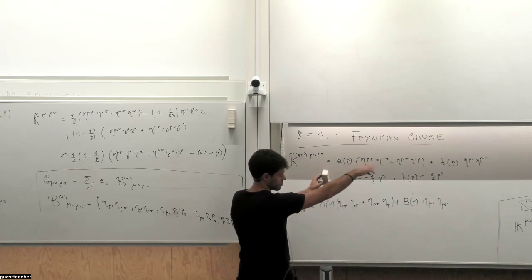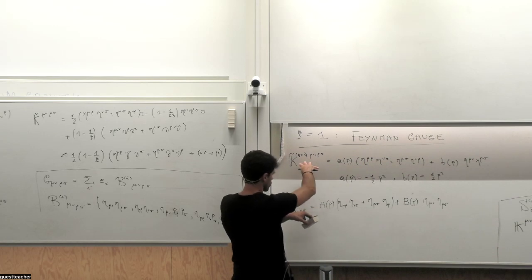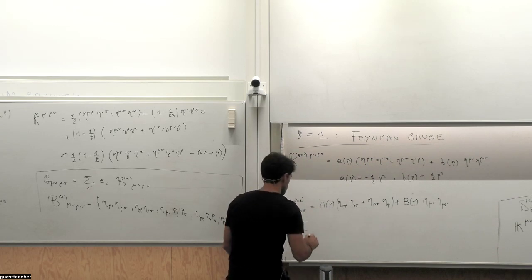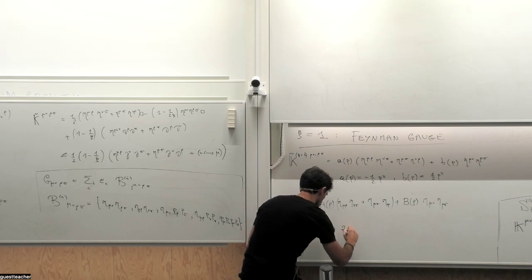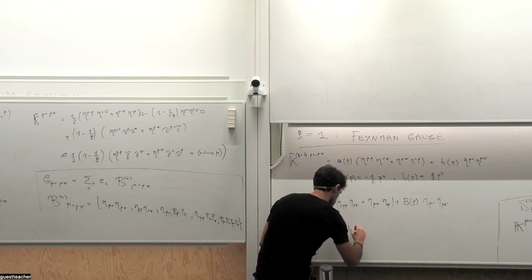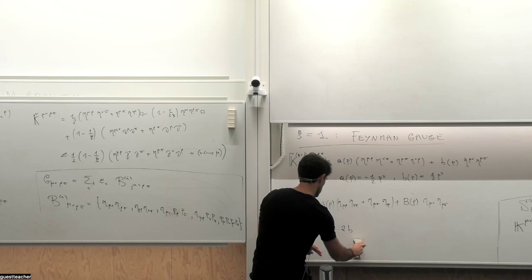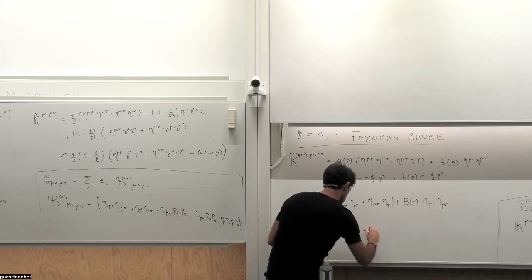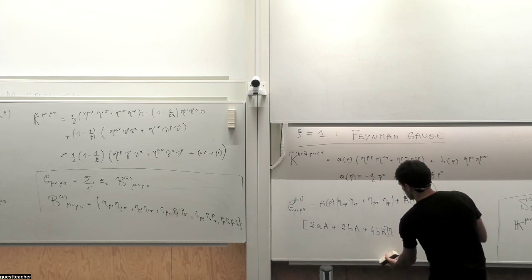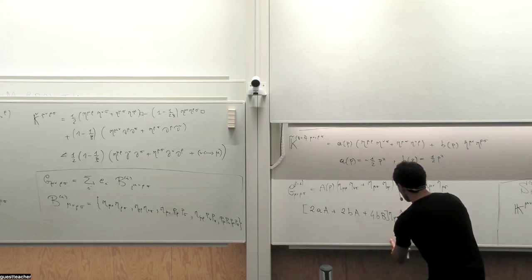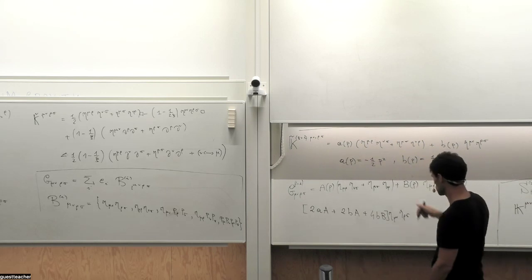If you do the products between these objects, so if you multiply kappa and G, what we will get basically is something like 2A times A plus 2B plus A plus 4B that multiplies eta mu nu eta rho sigma. I'm just basically multiplying these two, okay?